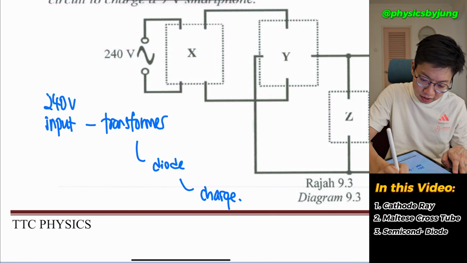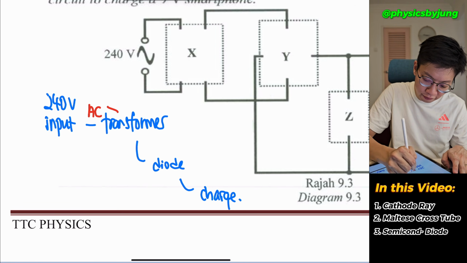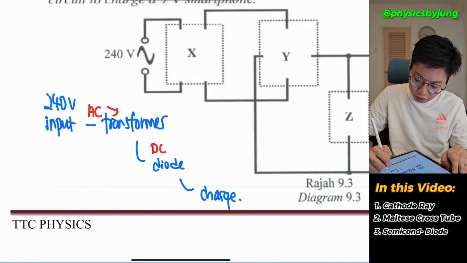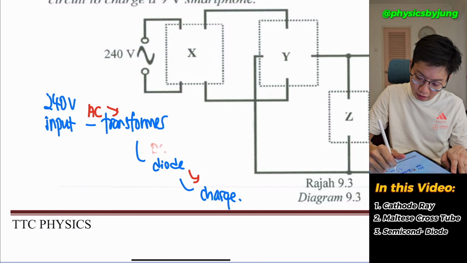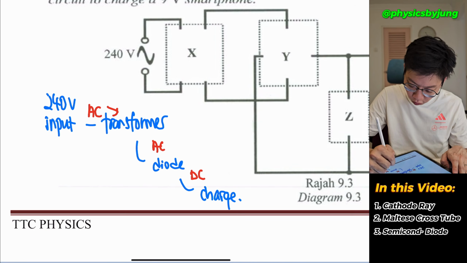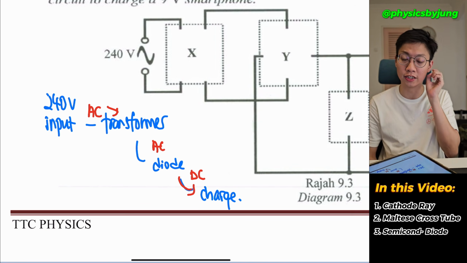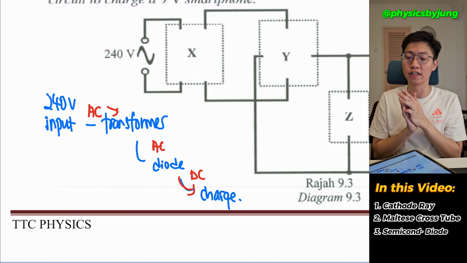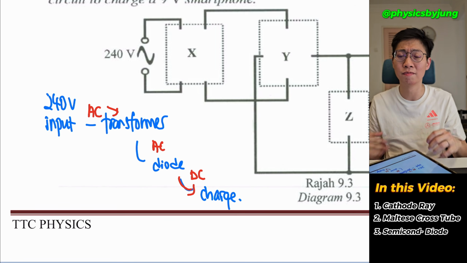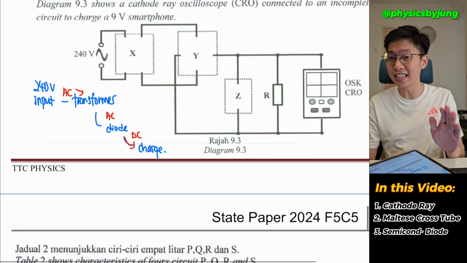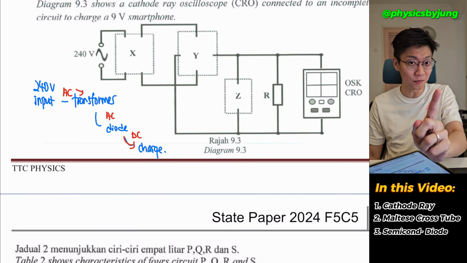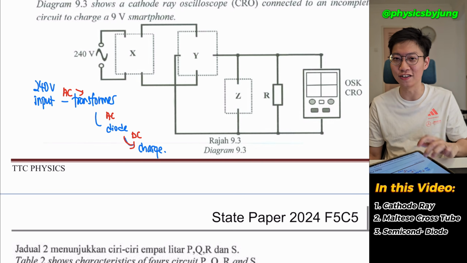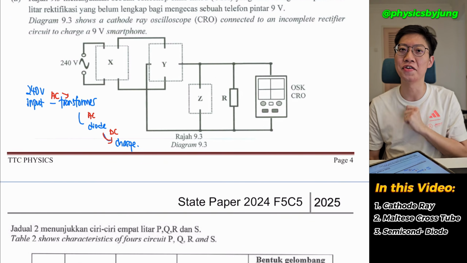Why? Because you need alternating current for the transformer, then only you change this alternating current coming out from the transformer, then only direct current to the charger. If you write diode in front of transformer, maybe you'll get it wrong. Okay? Just in case if they ask you the sequence, it's transformer first, then diode, not diode first, then transformer. Important or not? Very important.